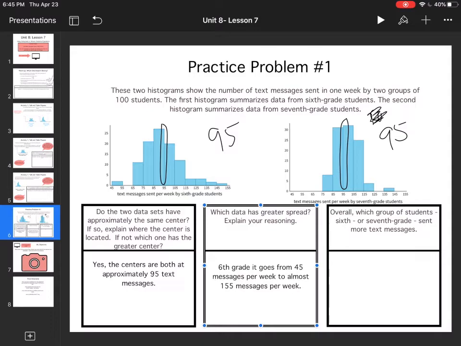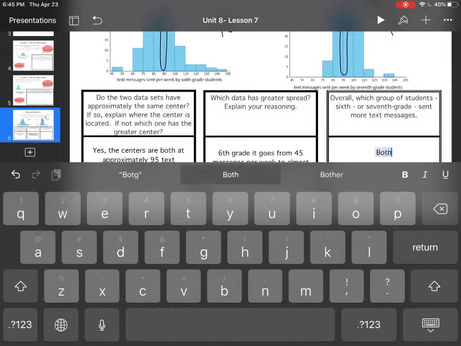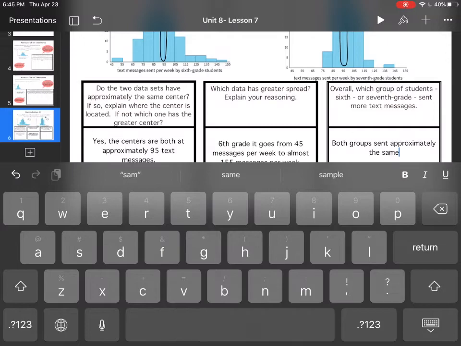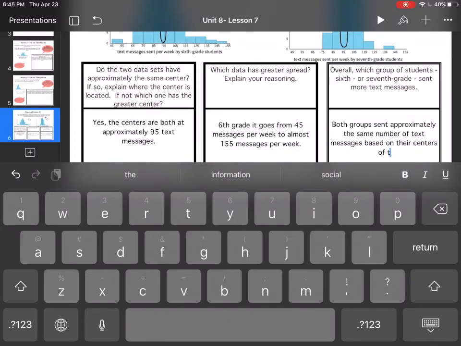So if I was looking at the data, I would say that both groups sent approximately the same number of text messages, based on their centers, on the centers of the data.